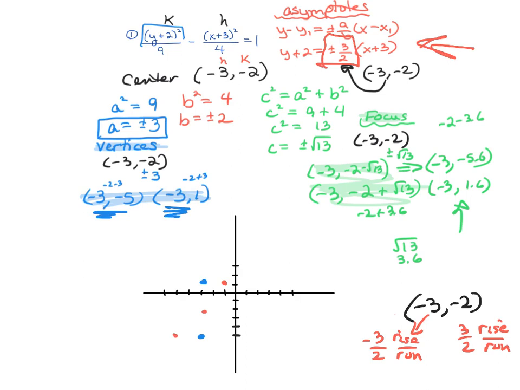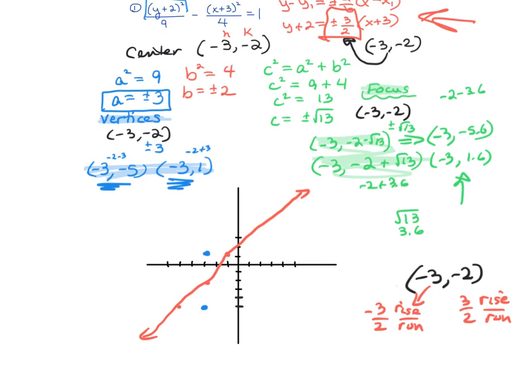I can make my asymptote. And again, it should be a straight line. Now I'll do the negative. Rise 3, run 2. I could also go down 3 and over 2. Make your asymptotes. And now also put in your focus points, or let's go ahead and make the U shape.